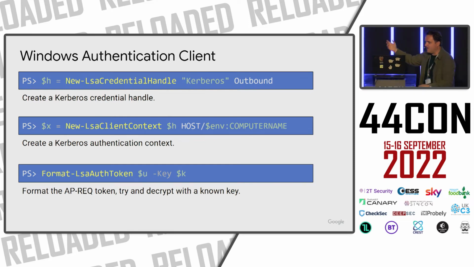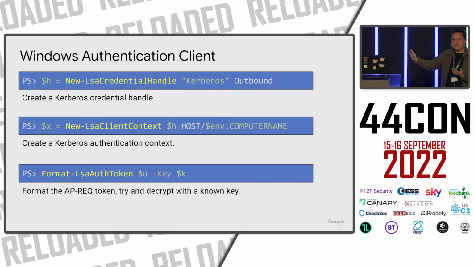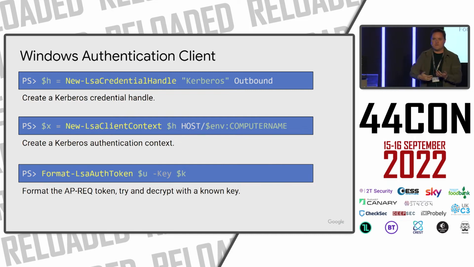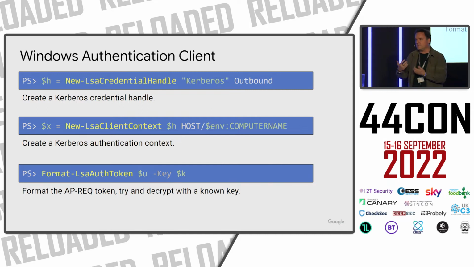So again, I've got APIs to handle this. These wrap all those existing Win32 APIs in PowerShell commands and provide, in my opinion, a fairly easy, relatively speaking, to use API set or command set.